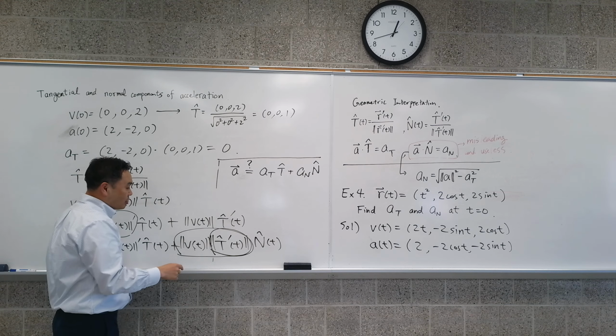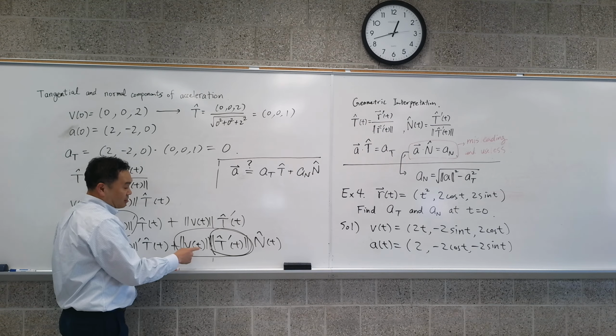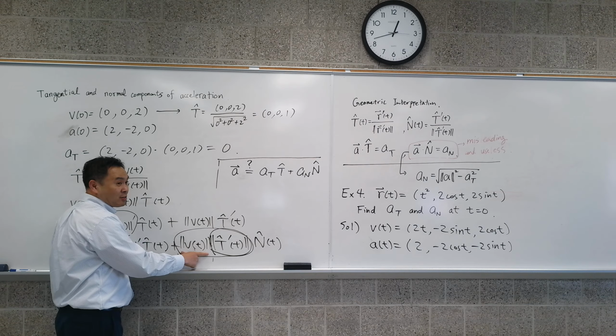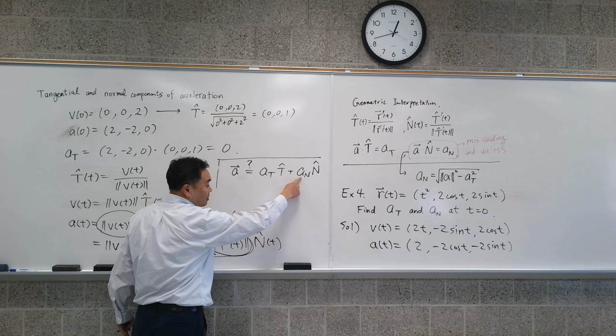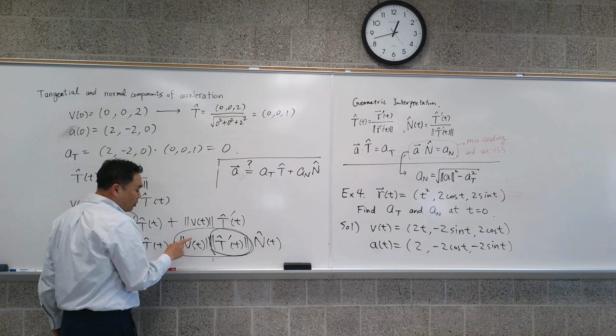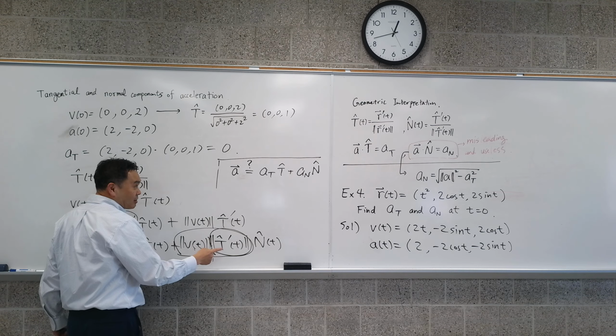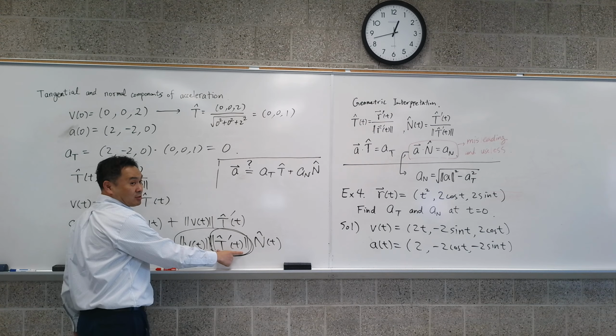But then look at this one. It's saying that if you're going at a high velocity, then you need a very big AN so that this increases.